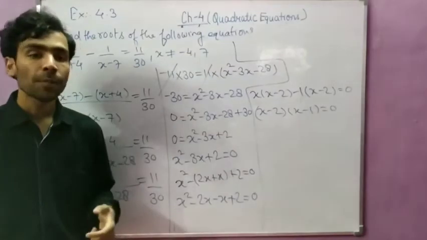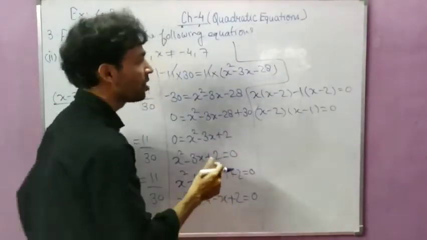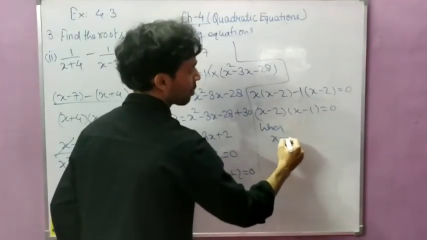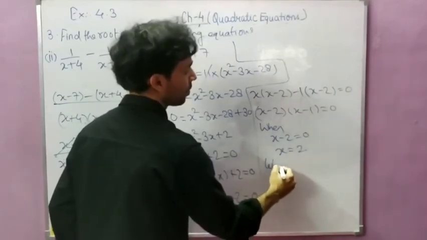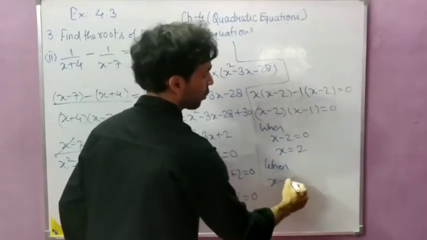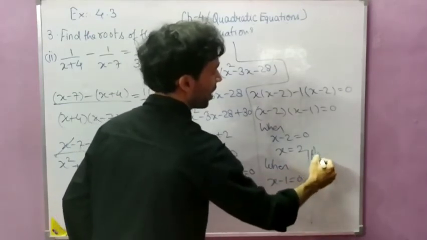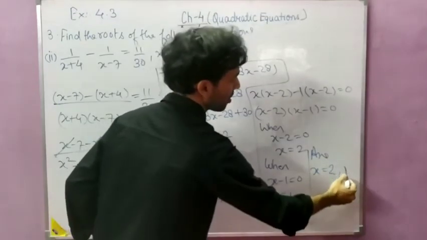So now what we are doing, we equate each factor equal to 0 separately. So when x minus 2 equal to 0, x will be 2, and when x minus 1 equal to 0, x will be 1. So what is the value of x? The value of x is 2 comma 1. So this is the root.